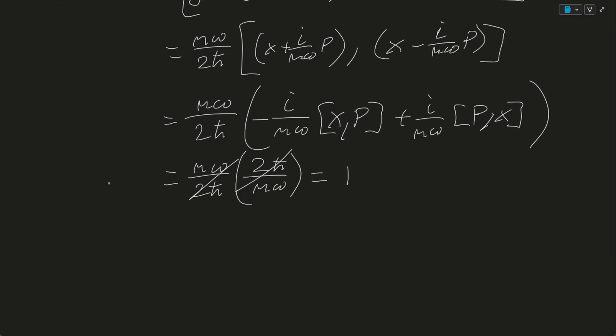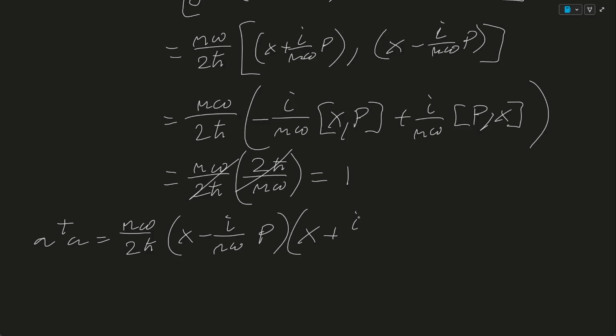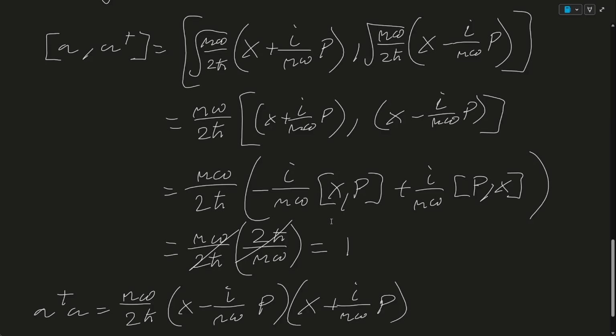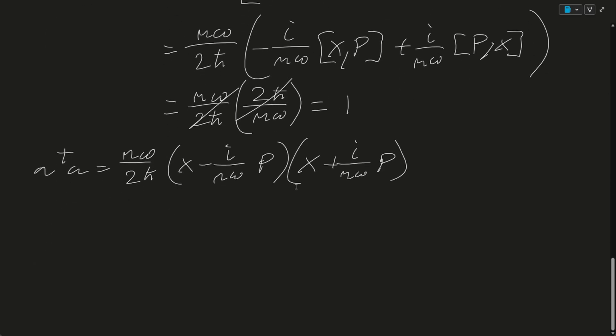So let's find what the actual product of them is, and knowing this will be fairly useful. If we do A dagger A, in that order, we'll have m omega over 2h bar, x minus i over m omega p, x plus i over m omega p. I'm sure you can see why these operators have been chosen as they are, judging by the fact that the commutation is 1.